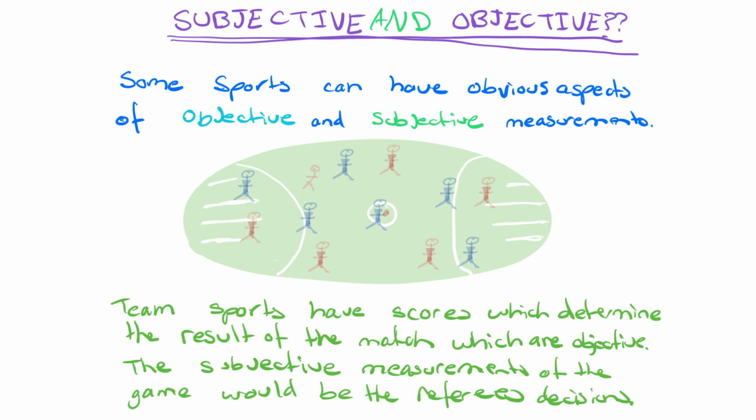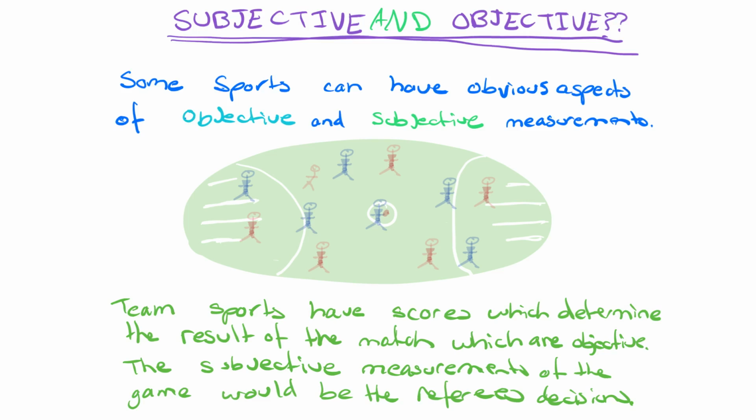So now we know the difference between subjective and objective performance measures. Do we then bring up the concept of, can a sport be objective and subjective? And the answer to this is yes, because team sports have scores which determine the result of a match, which are obviously objective.